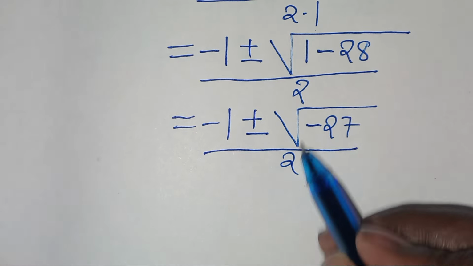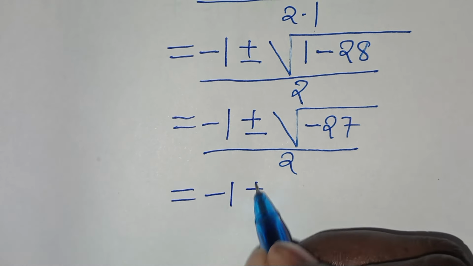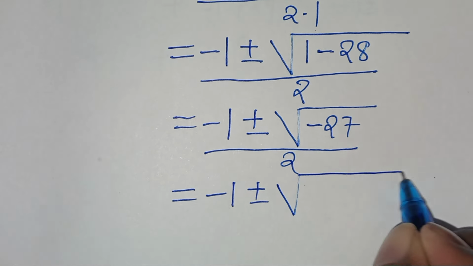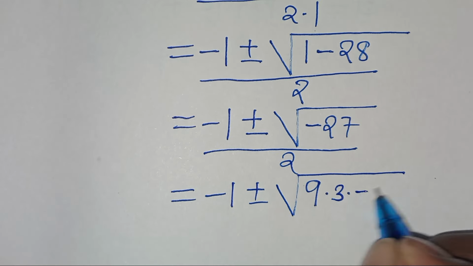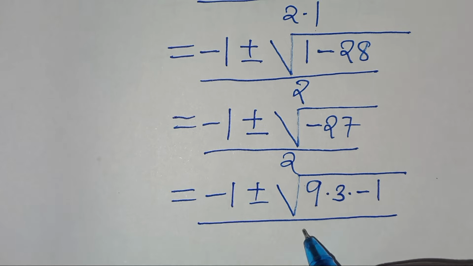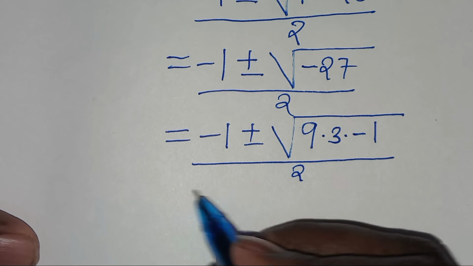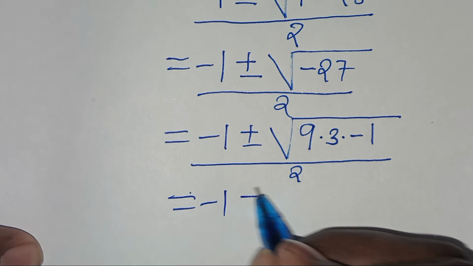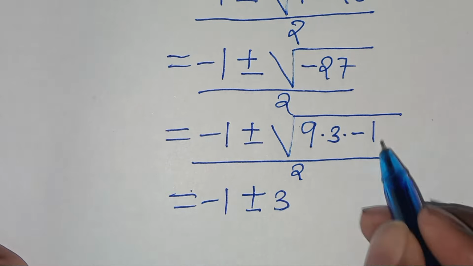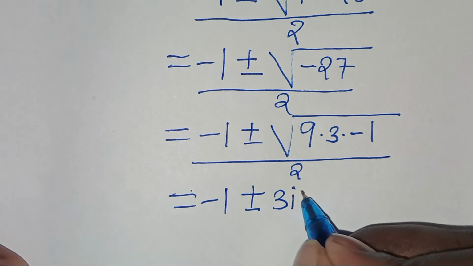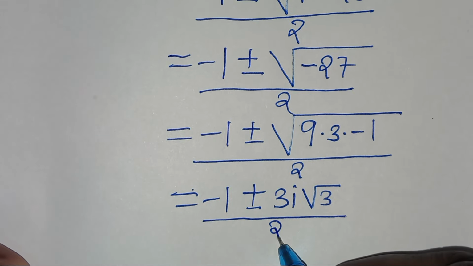Now we can express the square root of minus 27 as the square root of 9 multiplied by 3 multiplied by minus 1, divided by 2. So this is minus 1 plus or minus the square root of 9, which is 3, the square root of minus 1, which is i, then the square root of 3, everything here divided by 2.